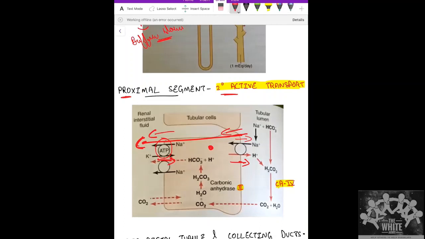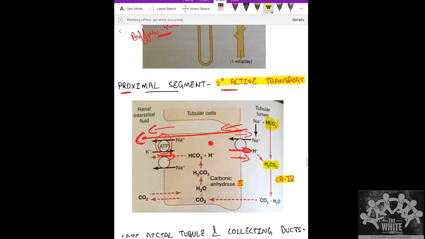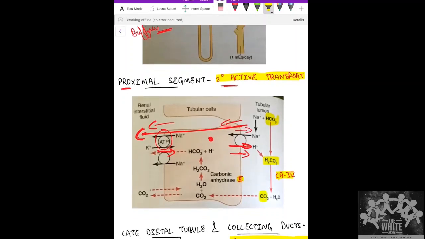So neutrality is maintained. This H plus which has gone out will combine with HCO3 minus to form H2CO3. In the presence of carbonic anhydrase 4, it will break down to CO2 and H2O. CO2 comes inside the tubular cell, combines with the water present there to form H2CO3.